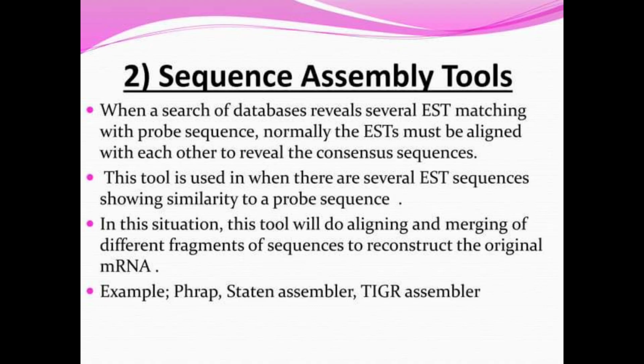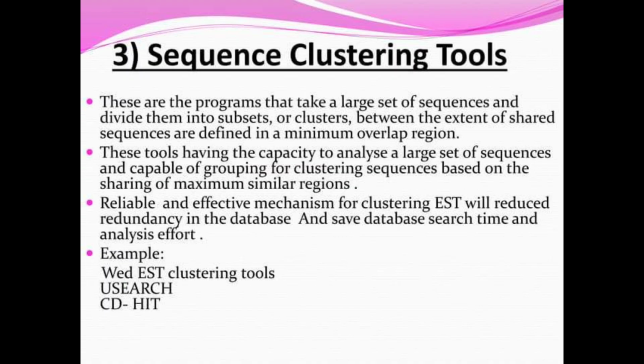Sequence assembly is where we can assemble the data, align and merge the different fragments of sequences to reconstruct the original mRNA. Sequence clustering programs take a larger set of sequences and divide them into subsets and clusters.